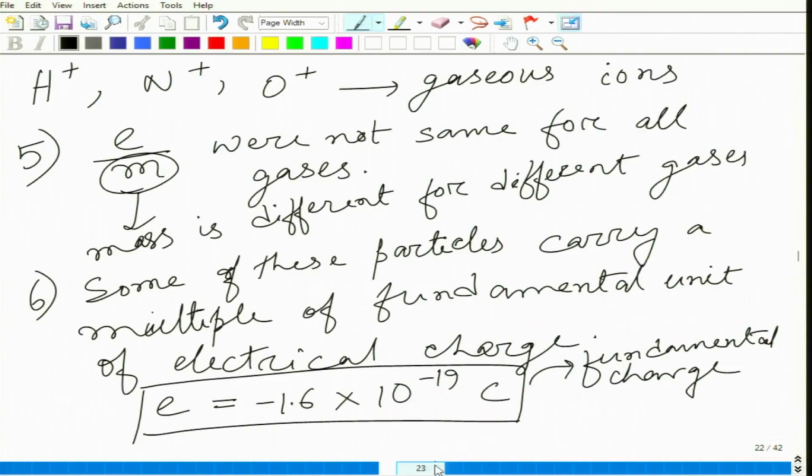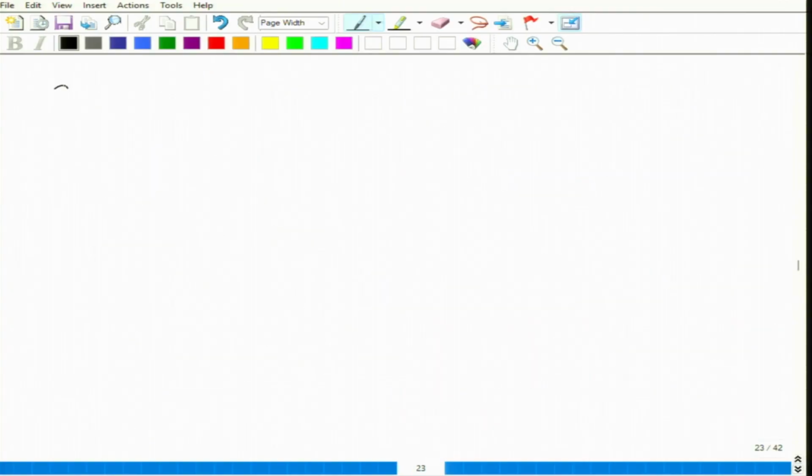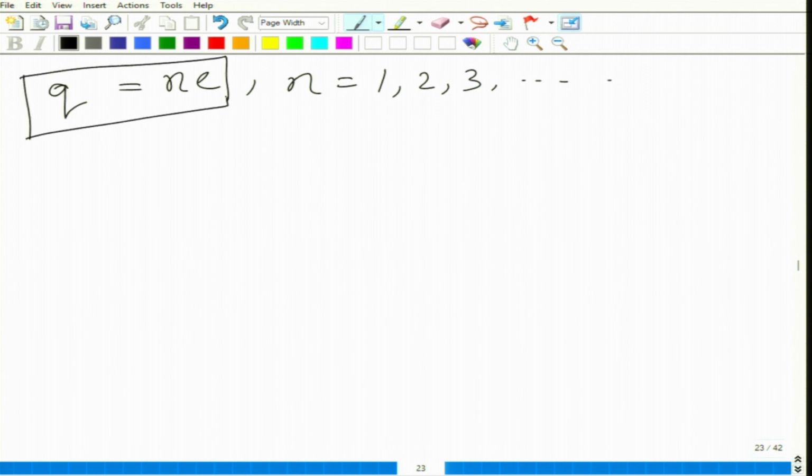So, it was observed that for different gaseous particles, for some of them the charge was a multiple of the fundamental charge, that is, the charge Q for a random gas was Ne, where e is the charge of the electron and N is any integral value. Okay. So, for some of them the charge was a multiple of the fundamental charge.